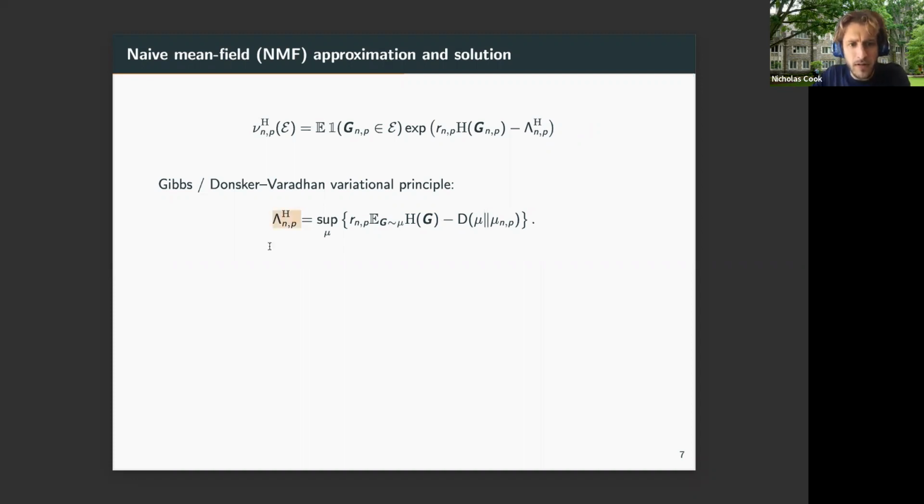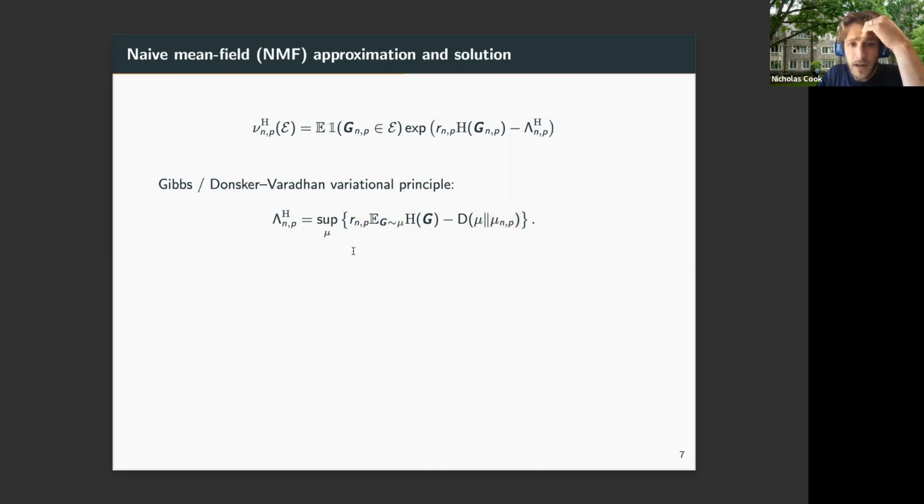The log moment generating function is given by the supremum over all measures mu on the set of graphs of the expectation of what's in the exponential under this alternative measure mu, and then you pay the relative entropy between this candidate mu and your reference measure, which for us is the Erdős-Rényi measure.